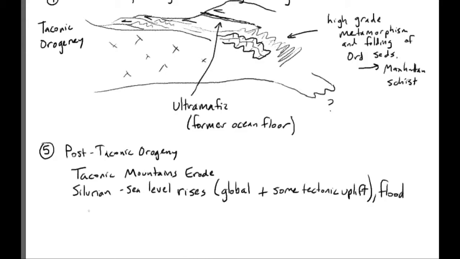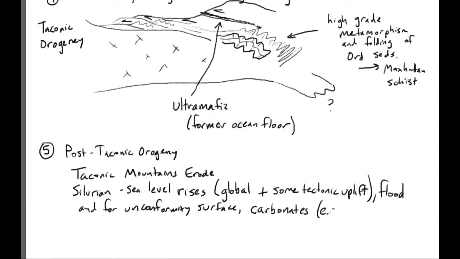the eastern New York. So it's going to flood and form an unconformity surface. And then carbonates are going to get deposited on that.